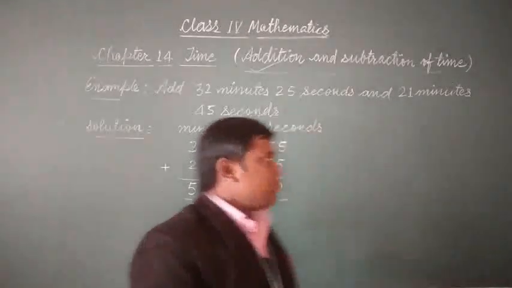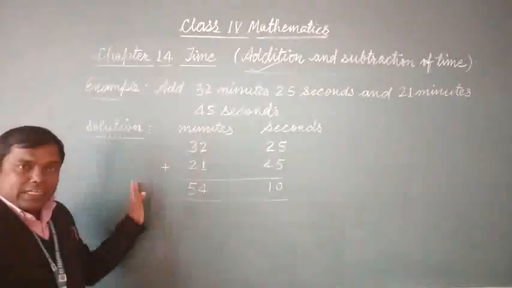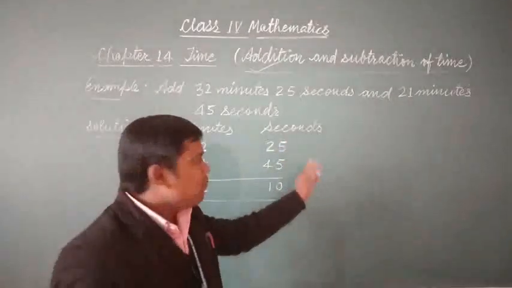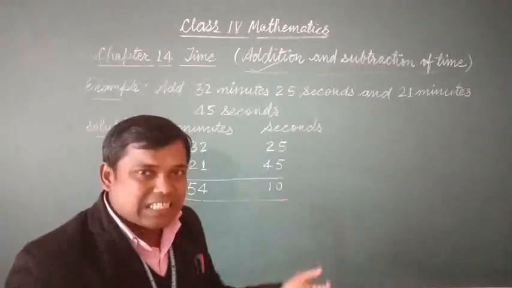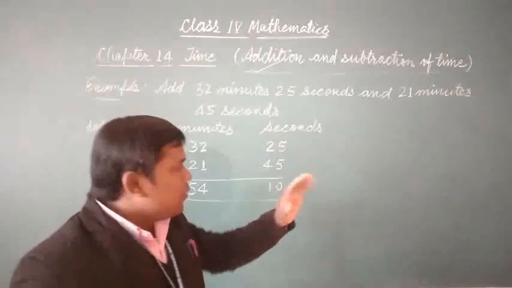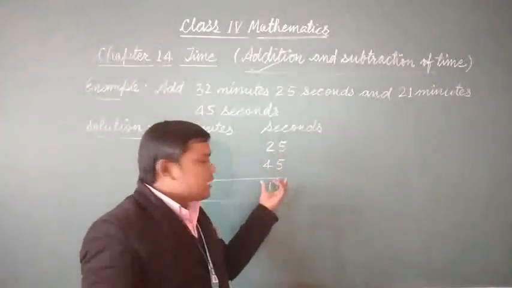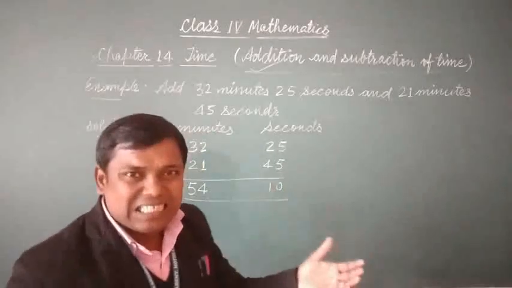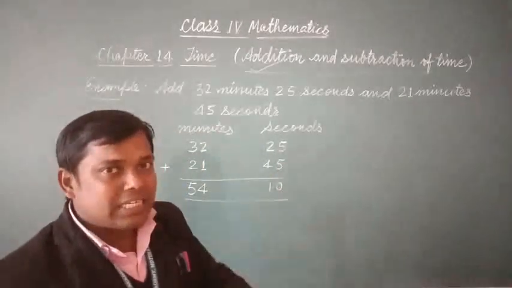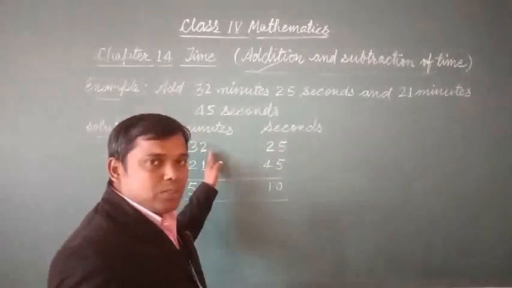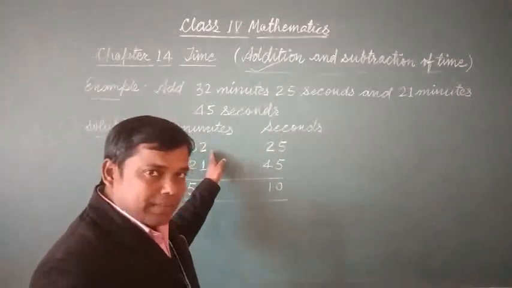Once more I am telling, if we have this kind of addition, we first add time in seconds. If it exceeds 60 seconds, then we convert those seconds into minute and second, and that minute will be shifted to the minute side.